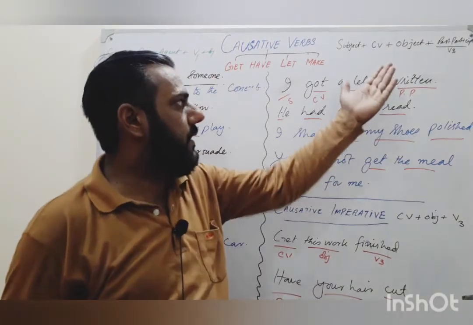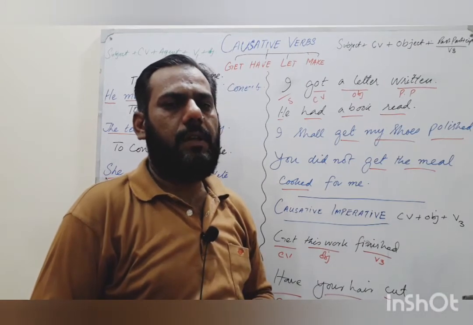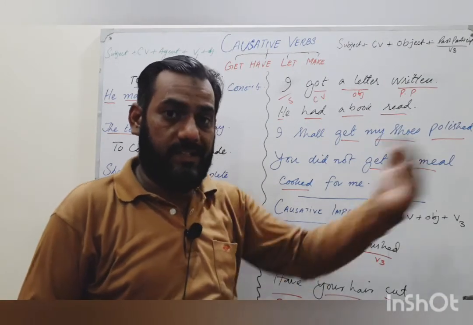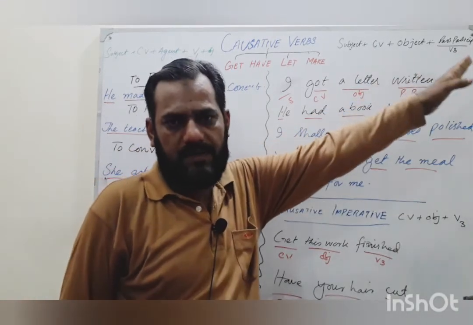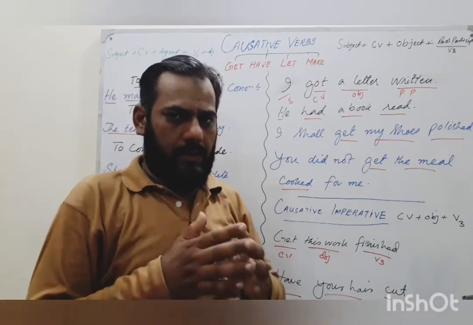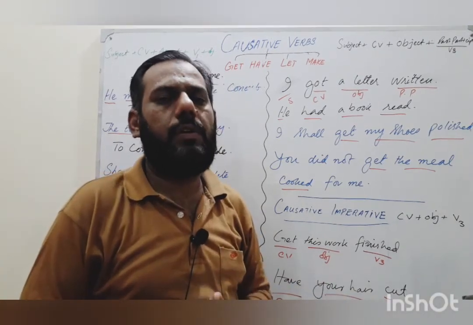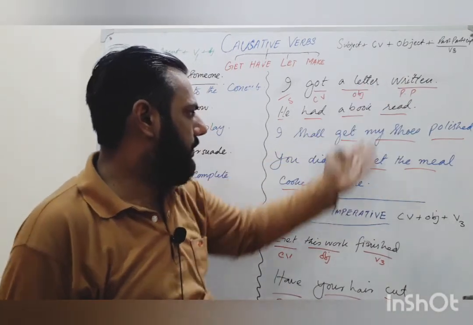In the second part, we understood the concept of using the causative verb without another subject. It means subject, causative verb, object, and past participle. So in this sentence, we definitely do not want to discuss another person who did the job. So this is the second way you have seen in the example.